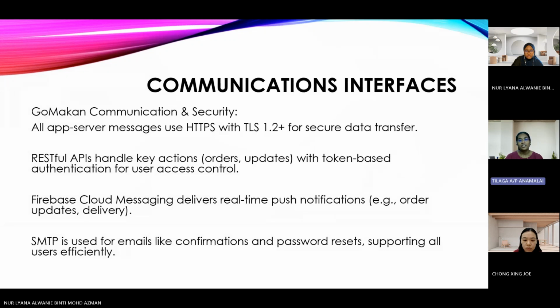Next. For the communication interfaces, for GoMakan communication and security, all the app server messages use HTTPS with TLS 1.2 plus for secure data transfer. The RESTful APIs handle key actions, which are for orders and updates, with token-based authentication for user access control.